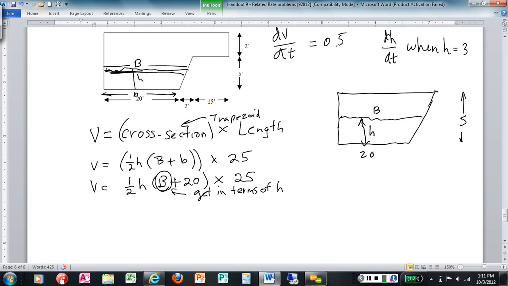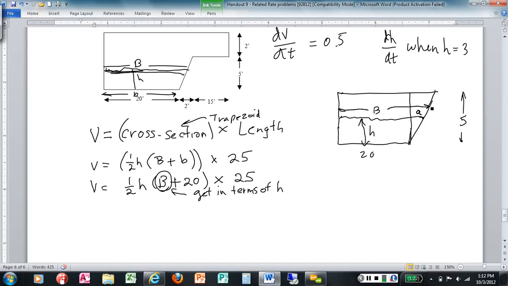Here's what I'm going to do. I can get big B in terms of H. If you'll notice here, draw a little triangle there at the corner and call this little part here A. And of course we know that big B goes all the way across.